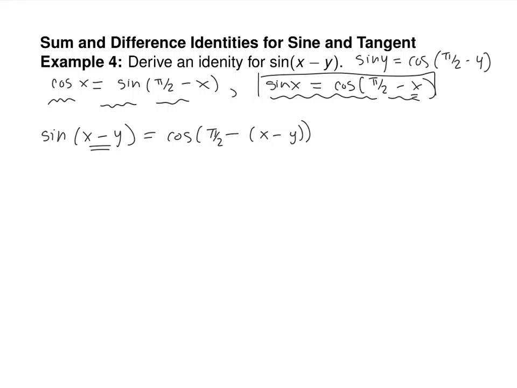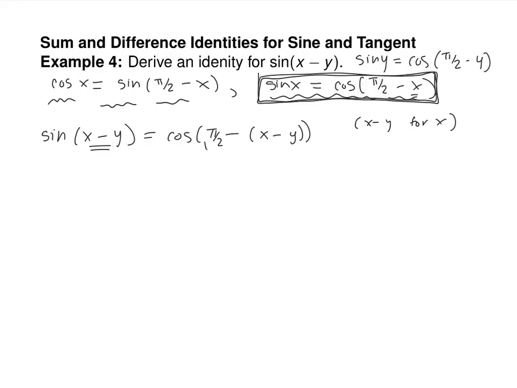The pi over 2 is coming from the previous problem? The pi over 2 is coming actually from 2 problems ago, yes. It's coming from this identity. And I plugged in x minus y for x. Just replaced x by x minus y.